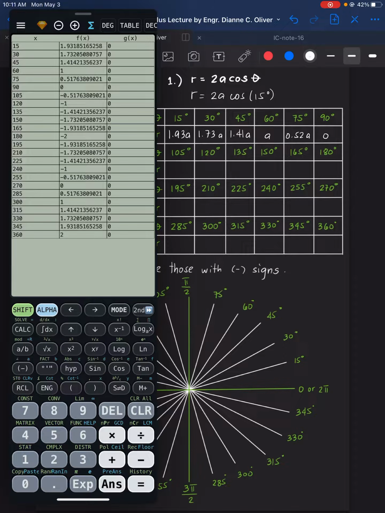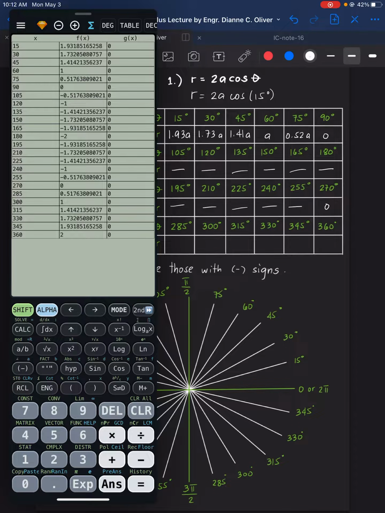So disregard the ones at 105, 120, 135, 150, 165, 180, 195, 210, 225, 240, 255. Then at 270, it says there 0.